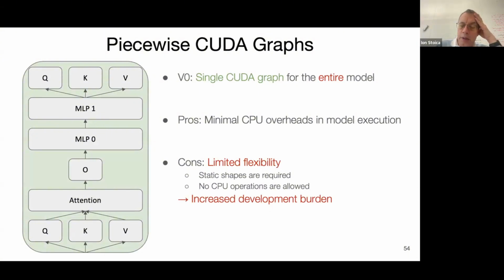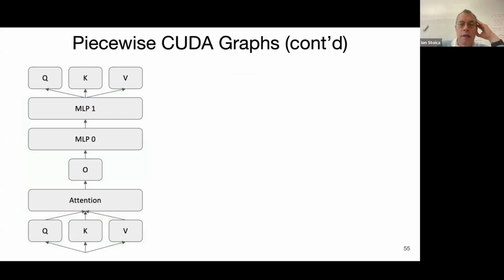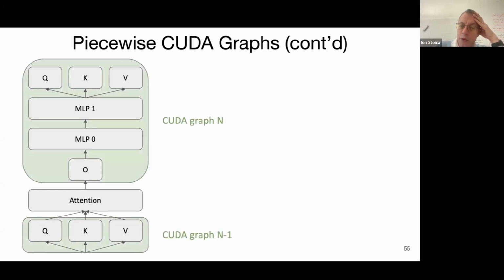It also increases the development burden, because if you want to modify something, you need to modify the entire CUDA graph. So what we are using, which is a feature that is new for some time now, but wasn't there early on, is piecewise CUDA graphs.